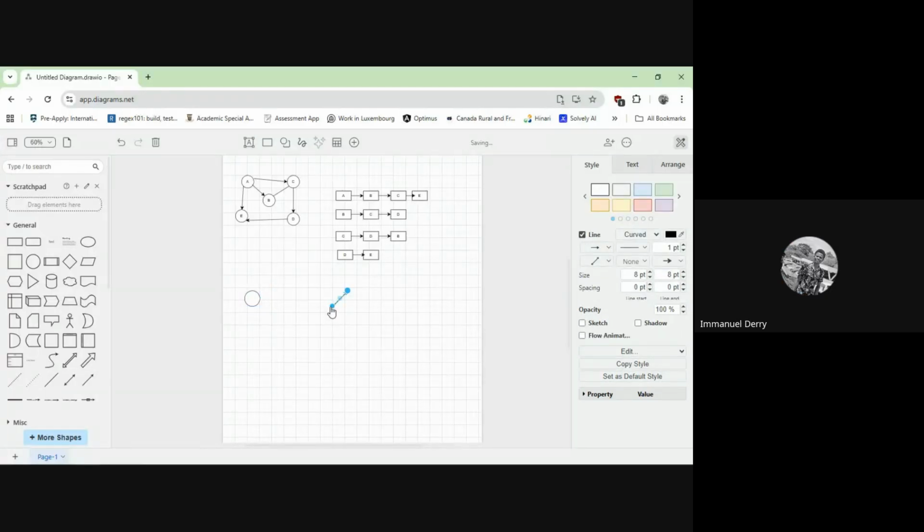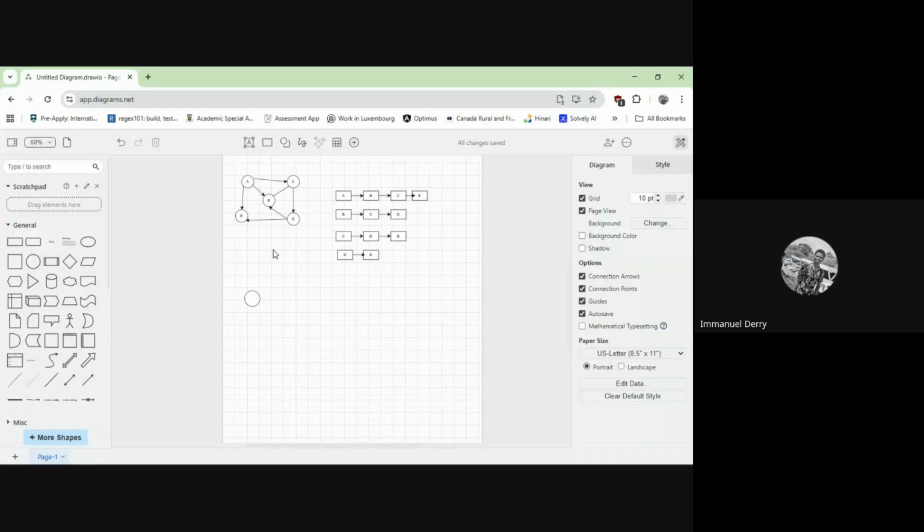I have a question for you, Ampofu. Why the arrows? Why the arrow from C to D?